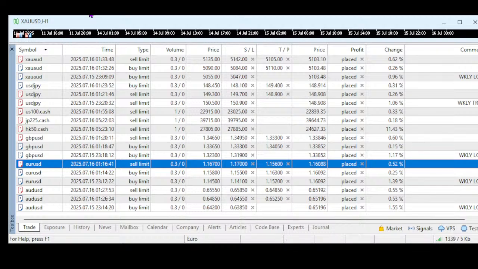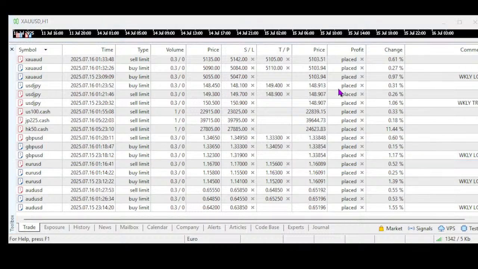So we can go in for one more trade which is selling at 11630, stop at 11660, and TP at 116 or 115. I think we'll put it as 116.